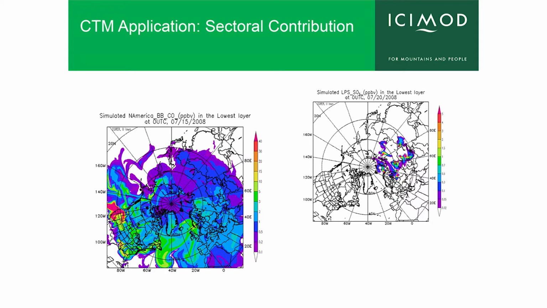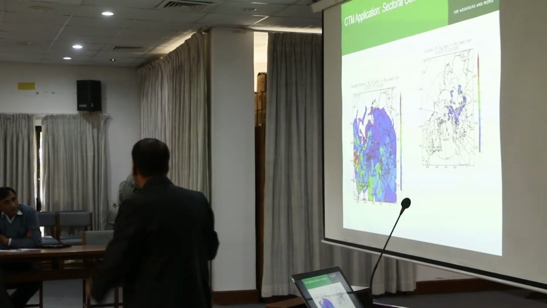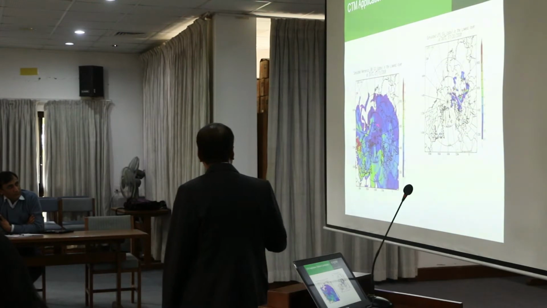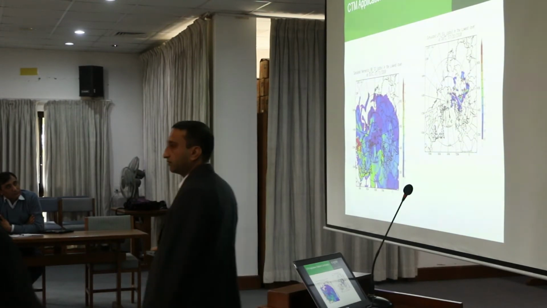Another one is sectorial. So we were doing this project on how much pollution is reaching the Arctic Circle. And then here, because you can, in model, make things zero or only simulate certain things, how much of biomass burning over California was reaching the Arctic Circle. You can do things like that in a model, which you cannot do using satellites or observations that effectively.